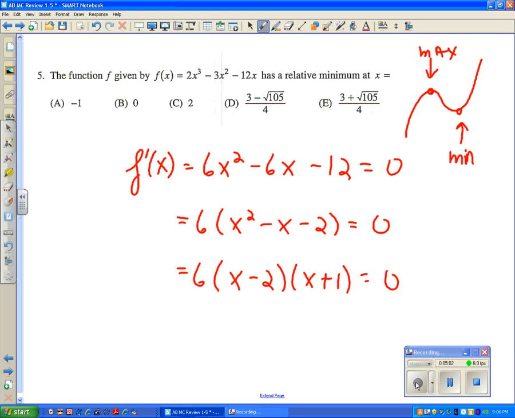And that suggests solutions at 2 and at negative 1. This one here must correspond to where x equals negative 1. It's the one to the left. And the one on the right, it must correspond to where x equals 2. And therefore, we're looking at C as our answer.